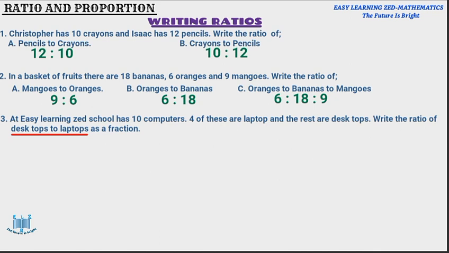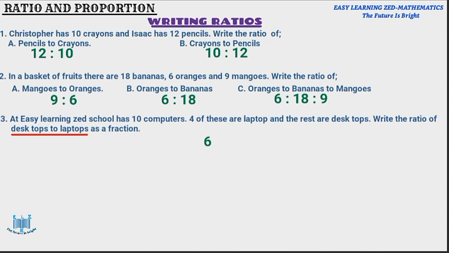The ratio we are asked to write is desktops to laptops. Now in the entire school there are 10 computers, and among these 10 computers there are 4 laptops. When we subtract 4 from 10 it gives us 6, and this is the number of desktops. So 6 is the number we're going to write first. Why? Because the ratio is given as desktops to laptops, so we start with the number of desktops.